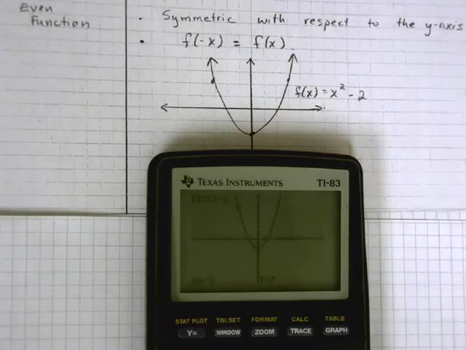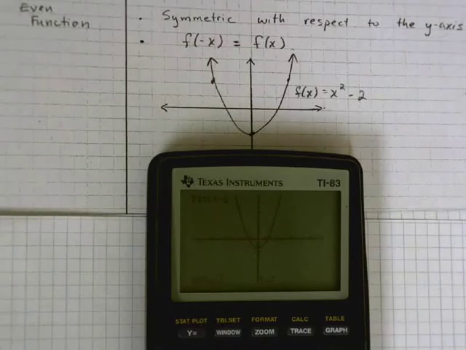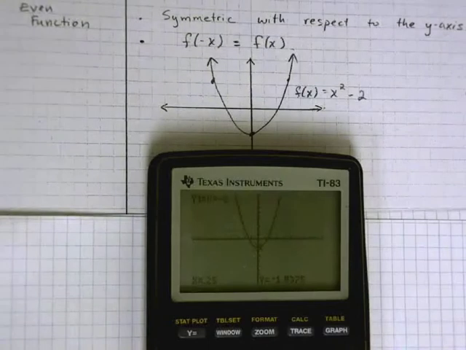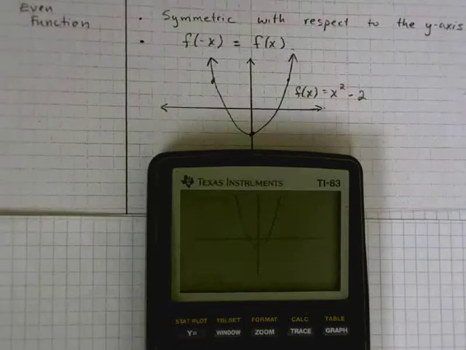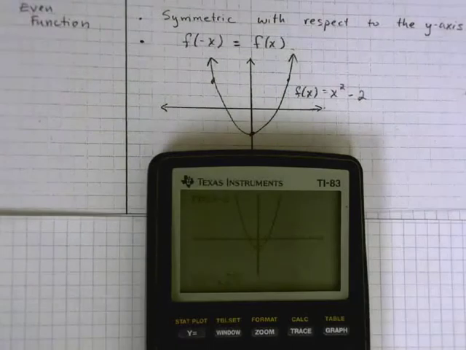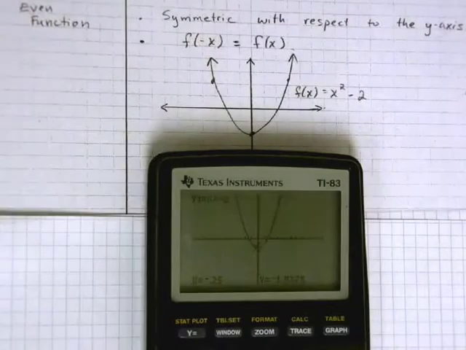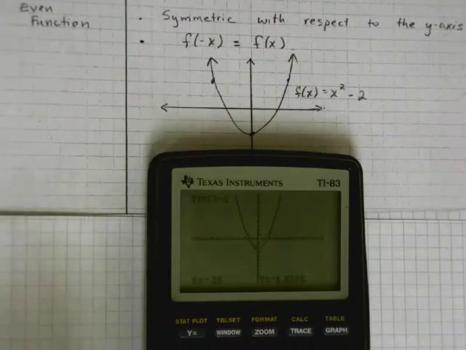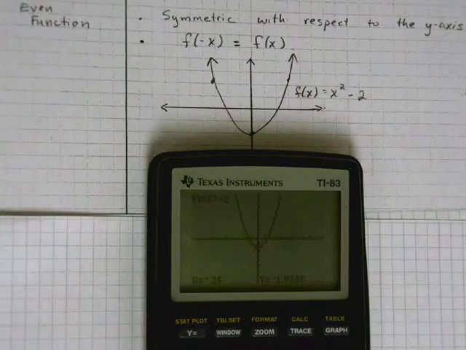Whatever number I enter in for x, let's say I enter in 0.25, the function gives me negative 1.9375. If I enter negative 0.25, I get the exact same value. So if I enter in an x value and then I enter in the opposite of the x value, the y value is going to be the same in both cases.